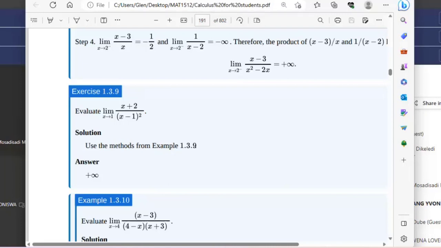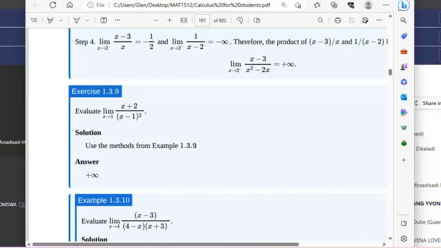That is a strong word. I don't have that word in my vocabulary. In this case, Lebo, we are dealing with two numbers. The limit of x minus 3 over 4 minus x as x approaches 4 from the right. If you take any number to the right-hand side of 4, you will end up having a negative number. Do we agree? Yes. Then when you take the limit of 1 over x plus 3 as x approaches 4 from the right, taking any number to the right-hand side of 4, you will end up having a positive number.